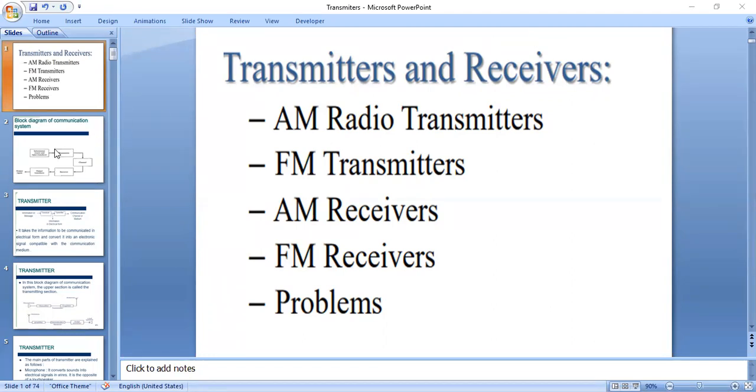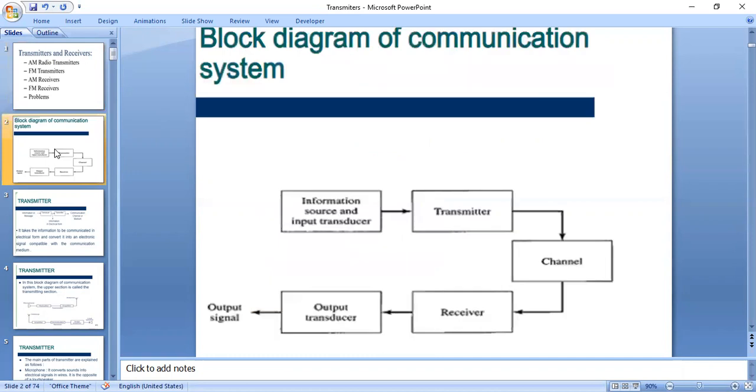And we know that this is a block diagram of a communication system. Whether it is analog or digital communication system, these are the main blocks included in a communication system.